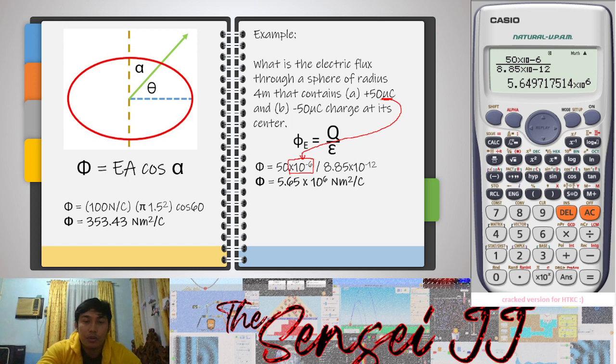Okay? So, in this case also, positive yung ating A. If positive yung ating A, we will also be using the sign of negative 50 when we solve for our B. Same manner yung ating pag-solve. So ito yung ating calculator. What we're going to change is we just have to put a negative sign in front of our 50 times 10 raised to negative 6.